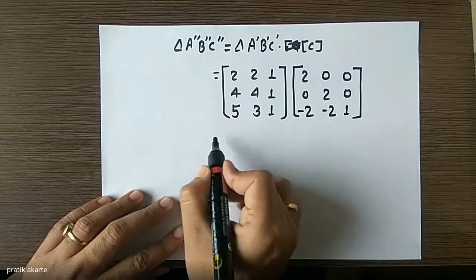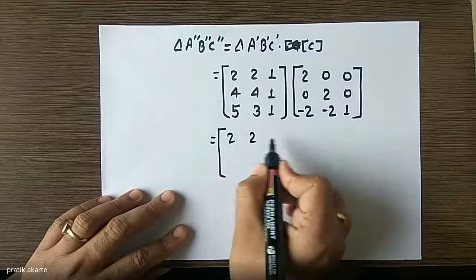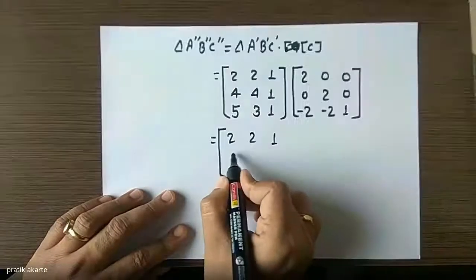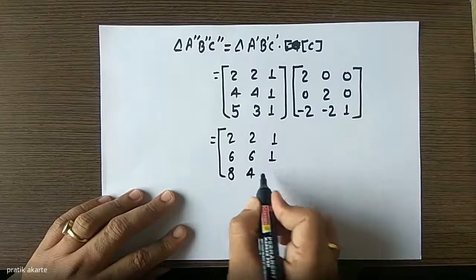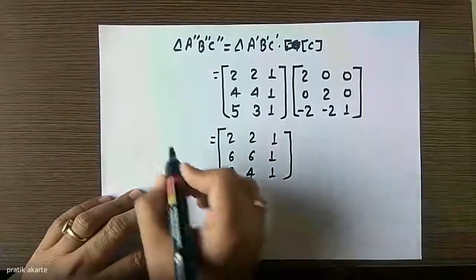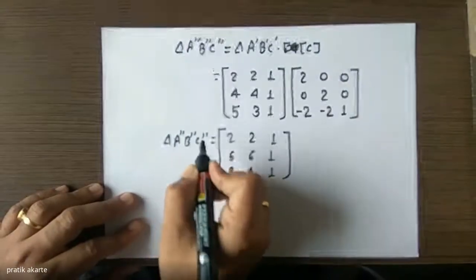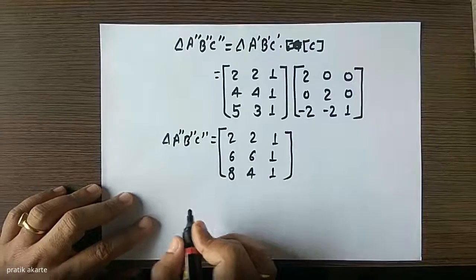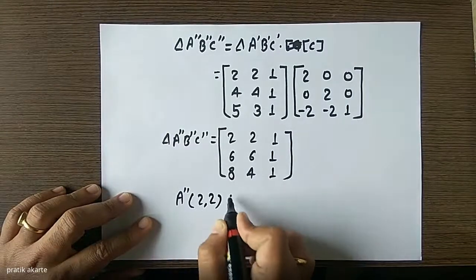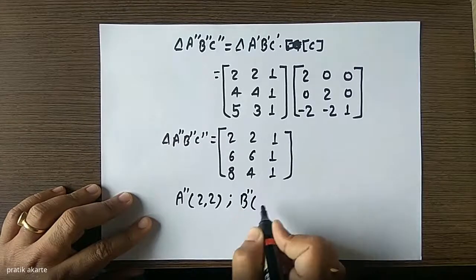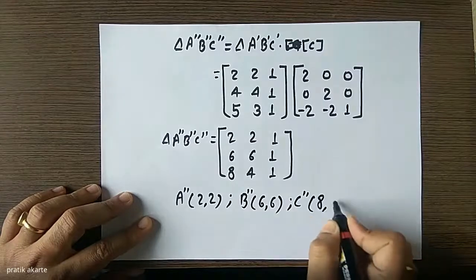After solving this, we'll get the coordinates as 2, 2, 1, 6, 6, 1, and 8, 4, 1. So these are the coordinates A double dash, B double dash, and C double dash. So we can write the new coordinates are A double dash as 2, 2, B double dash 6, 6, and C double dash as 8, 4.